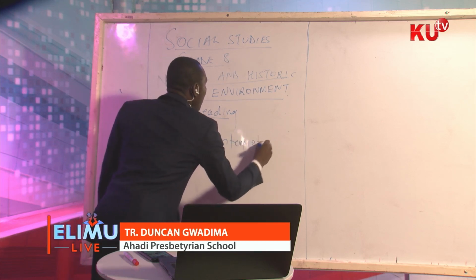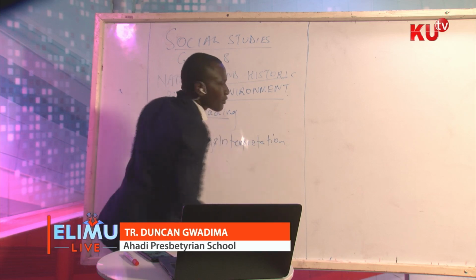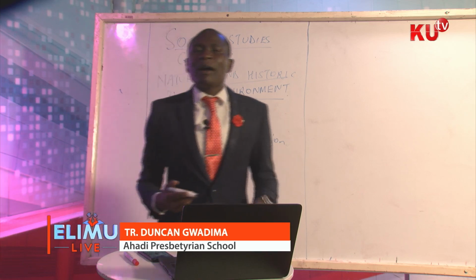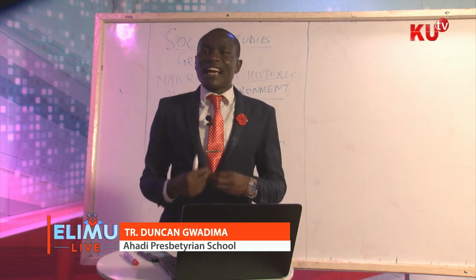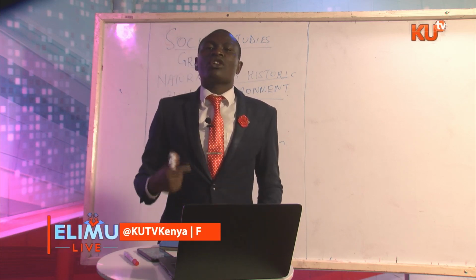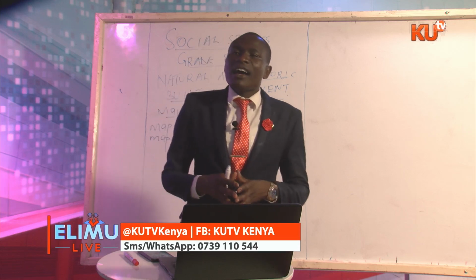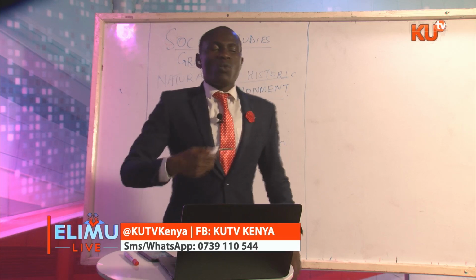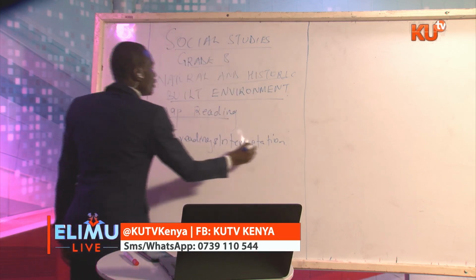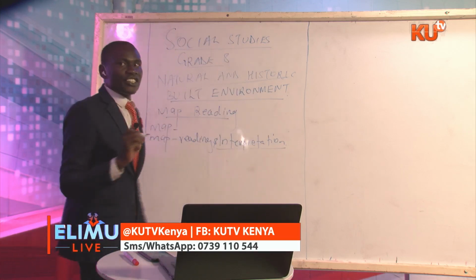What do we mean by the term map interpretation? Map reading and map interpretation means analyzing and understanding the symbols that are found on a map. When we are reading and analyzing the symbols found on a map, what we are basically doing is map interpretation.